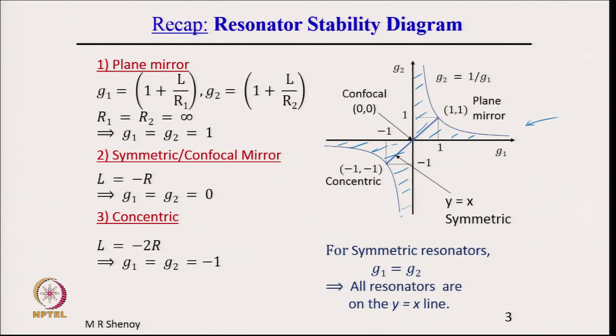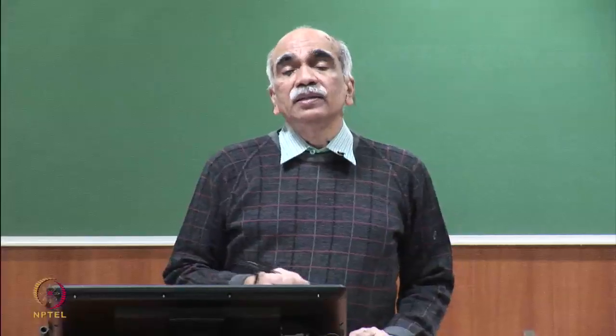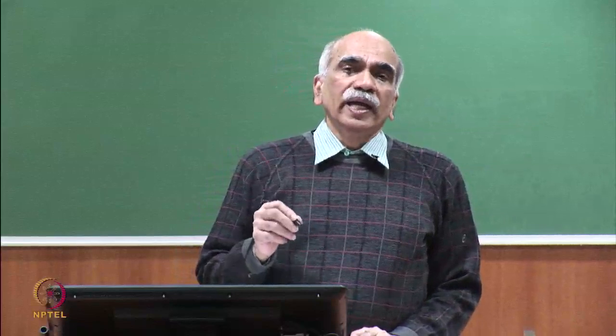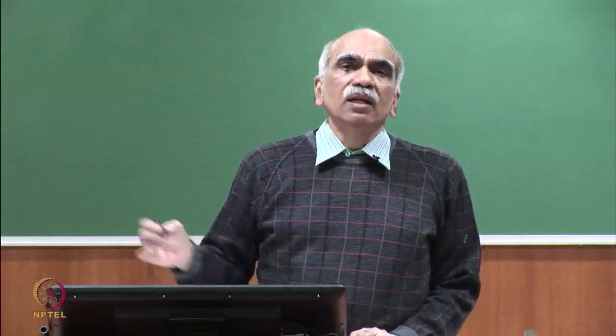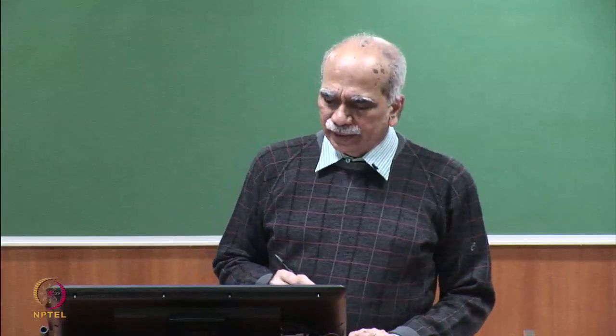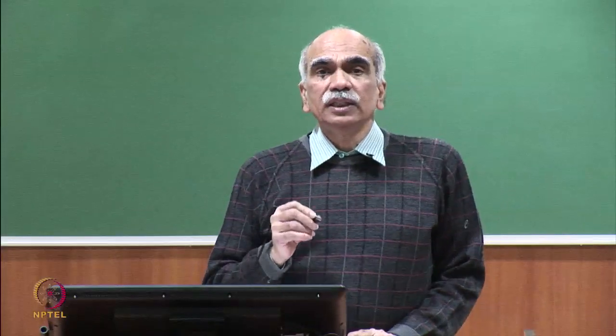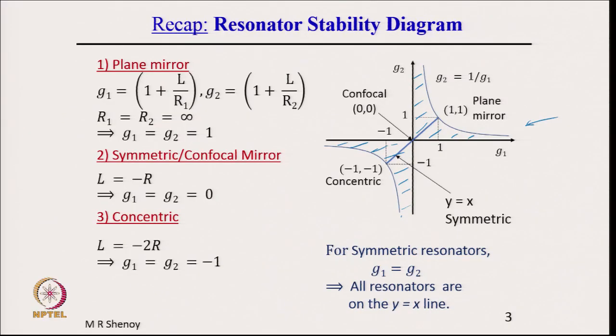For a plane mirror, G1 = G2 = 1, and the point is here, right on the border, on the y = 1/x curve. Corresponding to the symmetric confocal mirror resonator, we have the origin, and for the concentric mirror we have traced here. Subsequently today, we will locate these points for some general arbitrary optical resonators and see whether they are in the stable region or unstable region.